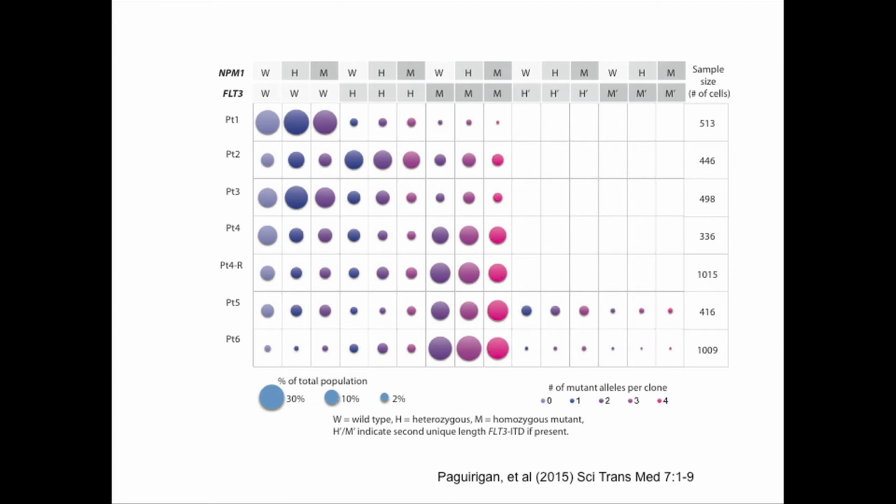These kinds of simple sequential models, however, may not be entirely representative of all leukemia. And this is data from Jerry Radich's lab here at the Hutch, using relatively simple PCR-based assays on individual single-sorted cells, looking at the presence of wild-type, heterozygous, or homozygous mutations in the NPM1 and FLT3 genes on 6 patients with AML, and showing a very complex heterogeneous substructure within those diseases that really can't easily be described by simple sequential models of mutation acquisition.